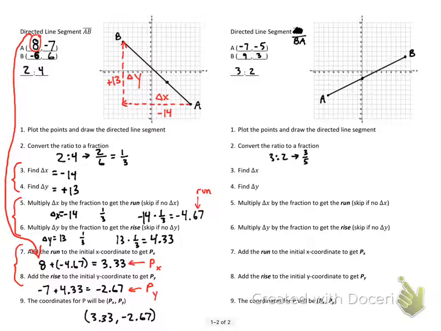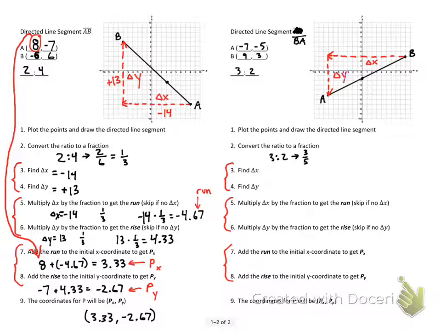All right, so now we can actually run through the steps. And just as a reminder, 3 and 4 kind of go together, 5 and 6, 7 and 8. So let's do both of these at the same time. It is B to A, so I have to start at B, work my way over to A. Okay, so there's my change in X. I'll just draw in the change in Y, but I'll count it up in a second.